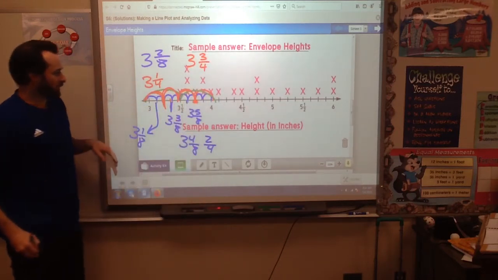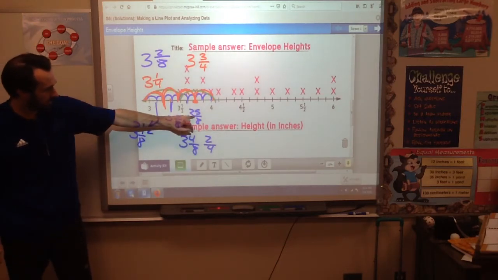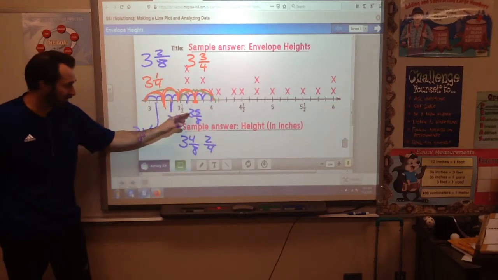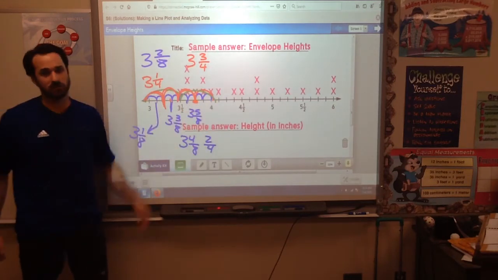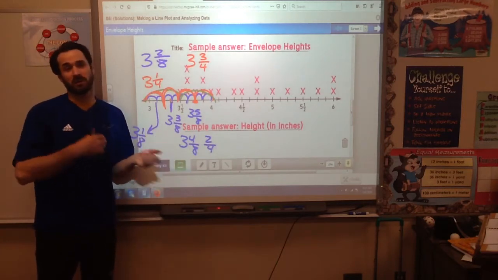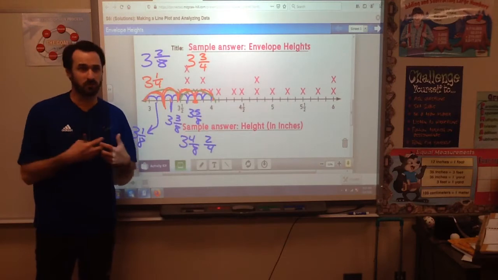So every odd jump, if you look, 3 1/8, 3 3/8, 3 5/8, excuse me, this would be 3 7/8, and then you just have 4, because you'd have 3 8/8, which would make 8/8 is 1, 3 and 1 is 4.